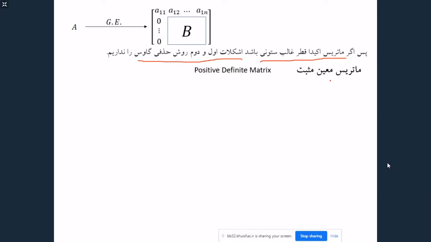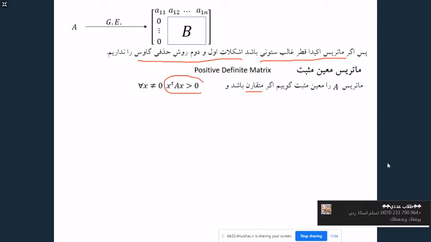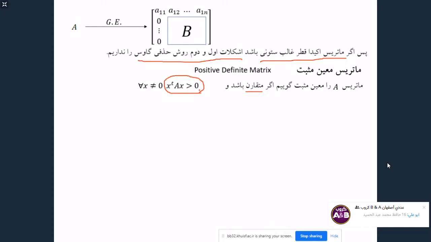Again, we want to introduce a special matrix. It is the positive definite matrix. A matrix is called positive definite if it is symmetric and for all non-zero vectors x, x transpose Ax is a real number greater than zero.